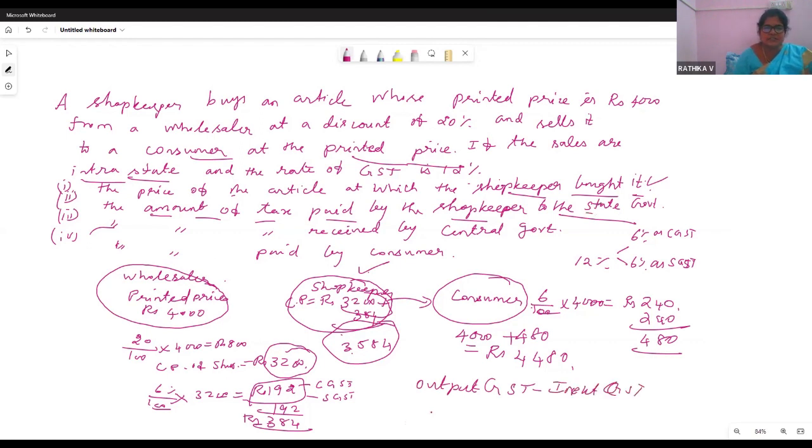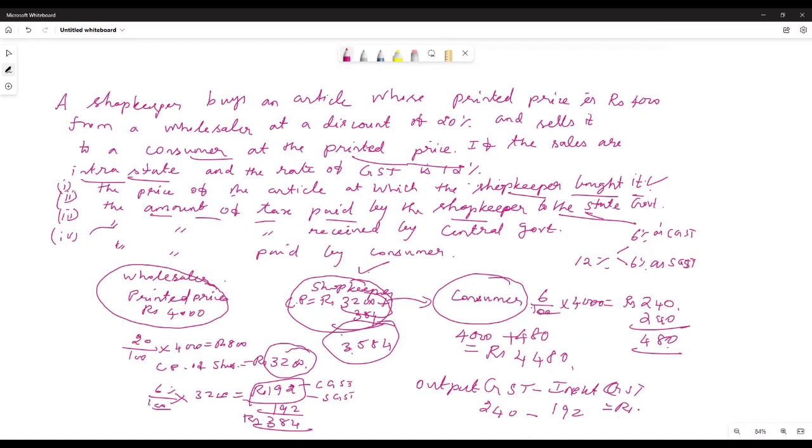So the output SGST is 240, so 240 minus 192. Or if it asks how much the shopkeeper pays to the government in general, then 480 minus 384. So this amount is 48 rupees.